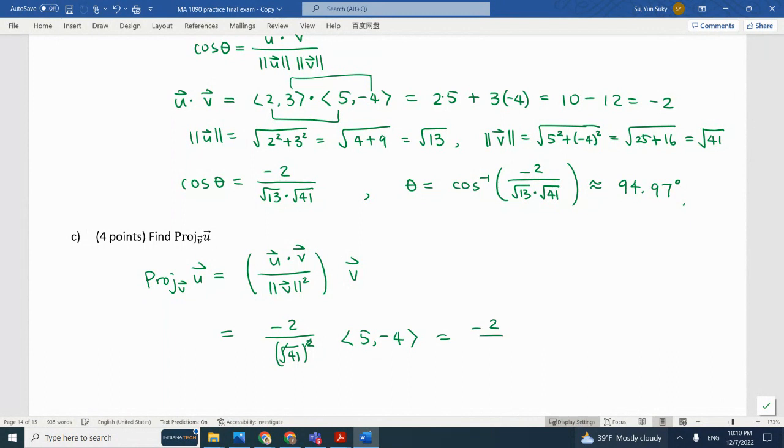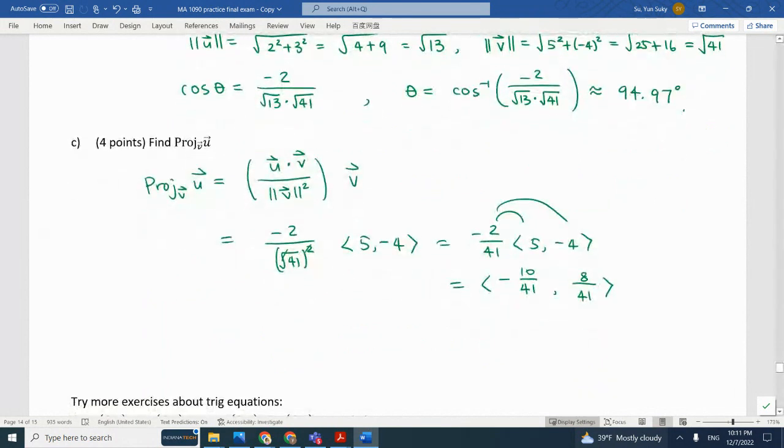We get -2/41 times (5, -4), which means multiply them. 5 times -2 is -10, so -10/41. -2 times -4 is 8, so 8/41. So this is the projection of u onto v.